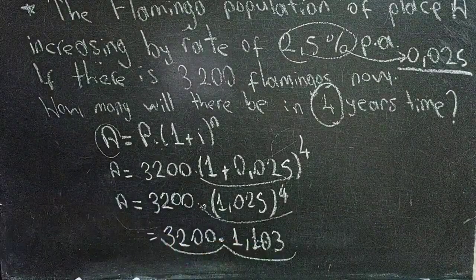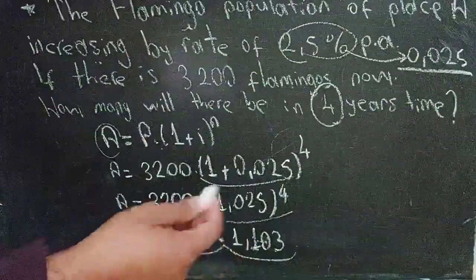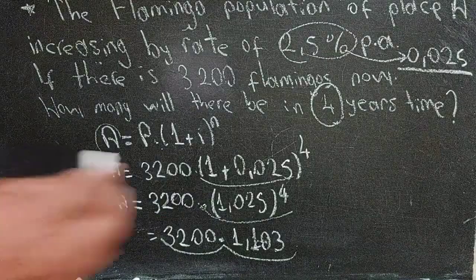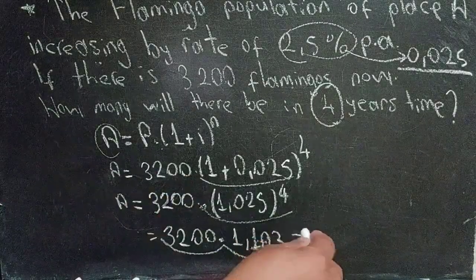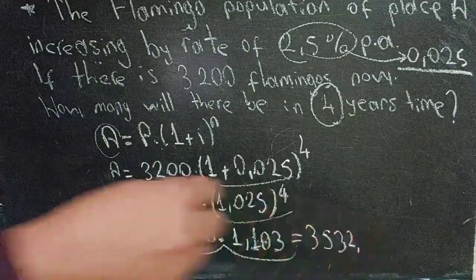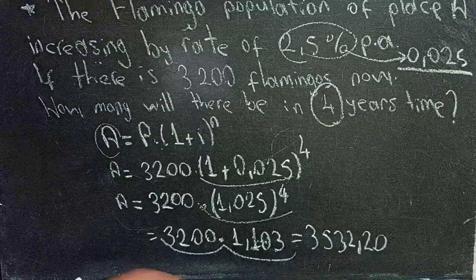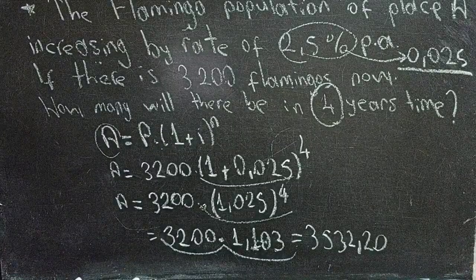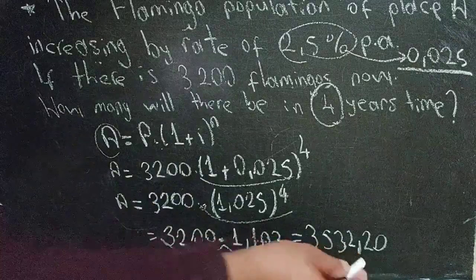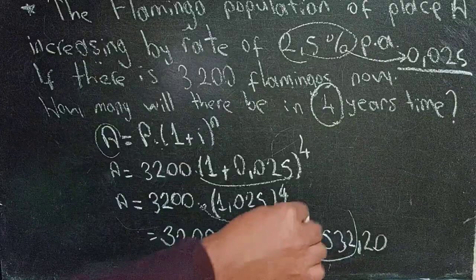Remember, in a decimal number you don't read this as 103; you read it one by one. So you are going to get 3,532.20. For a flamingo, you can't have 0.2 flamingos. That's why you're going to use the whole part.